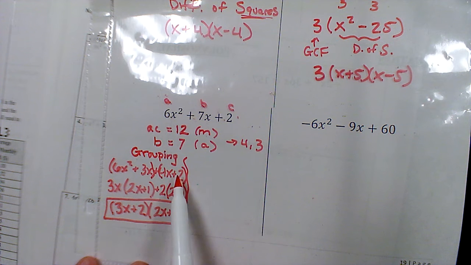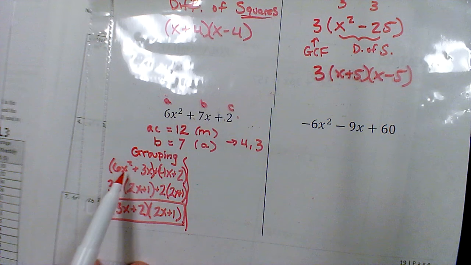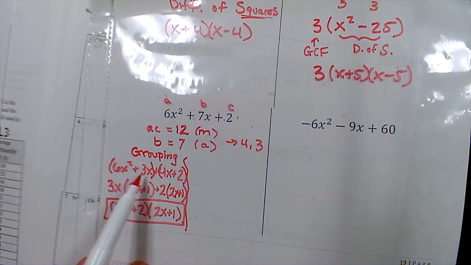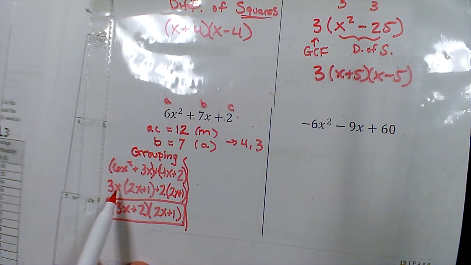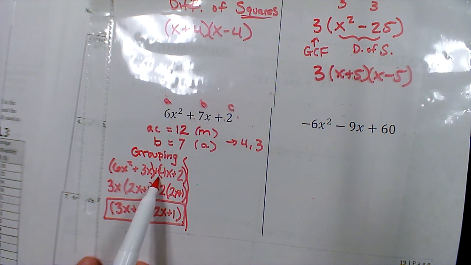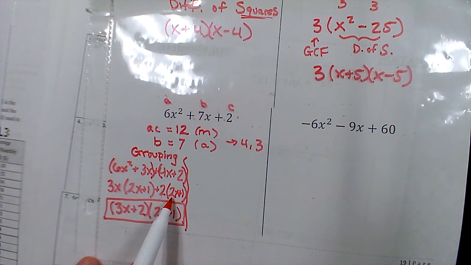Once you group them, you're going to look at each individual group and see if you can pull out a GCF. If you look at the first group, between the 6 and a 3, you could pull out a 3, and between the variables, you can pull out an x. After you do that, you're left with 2x plus 1. From the second group, you can pull out just a 2, and notice how you're left with a 2x plus 1 again.